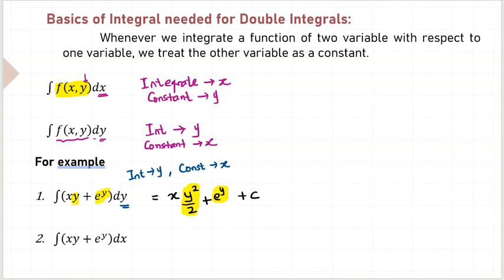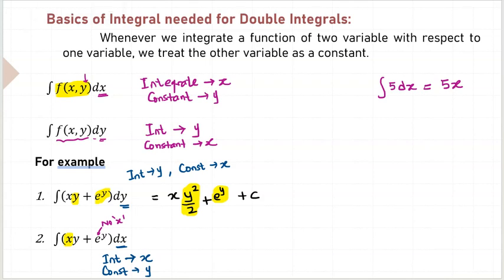What we did was just integrate the function of y. The integration of y is y square over 2, and e power y is the same, plus c because it is an indefinite integral. Now, the same question, if I make it dx, what happens? In this case, you will integrate with respect to x and keep the other variable y as constant. In the first term, you have a function of x, but in the second term you don't have any x term. This is similar to integrating, say, 5 dx. What is the integral? It is 5x, correct?